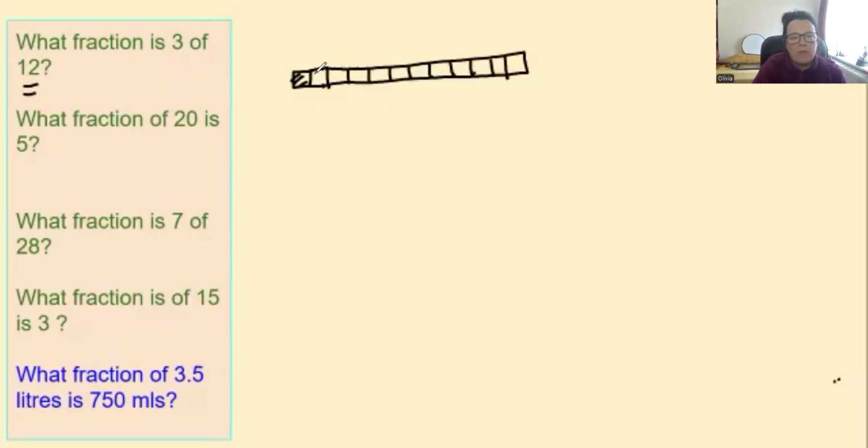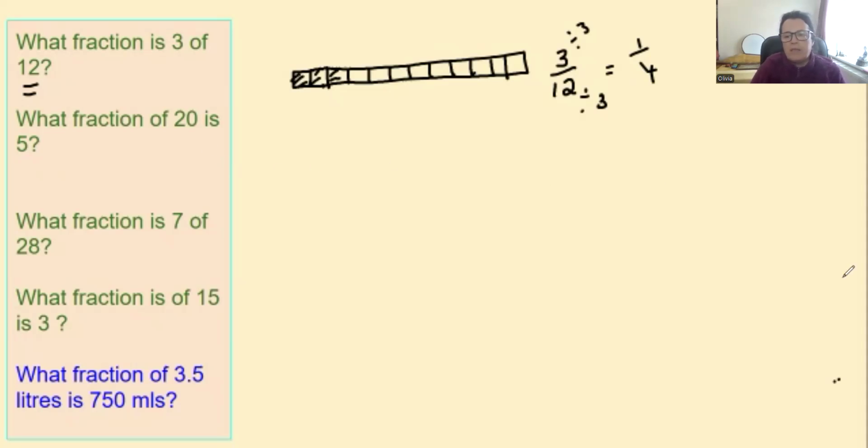What fraction is 3 out of 12? Yes, it's 3 twelfths. Or if you're asked to simplify it, 3 divided by 3, 12 divided by 3 equals 1/4. So 1/4 of this bar model is coloured in.